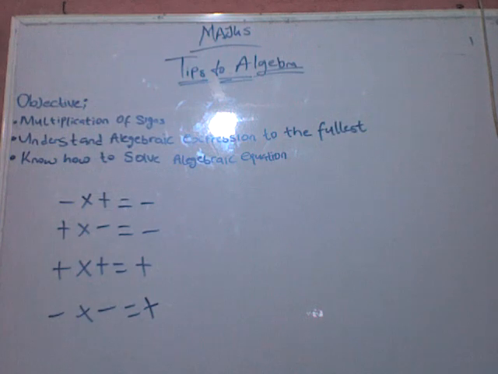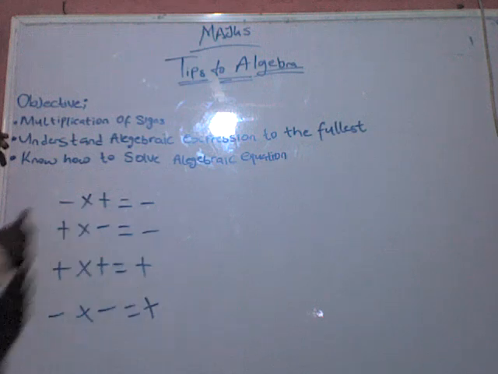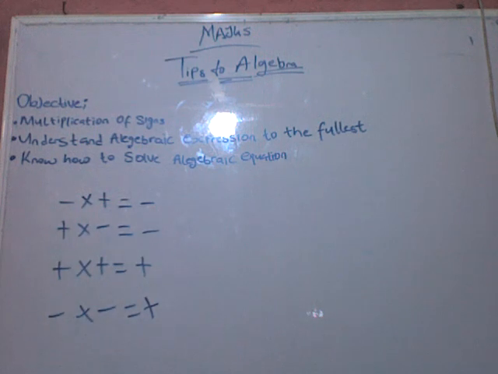Most students have seen this before, and all they do is cram it. No, you shouldn't cram this. It is very easy. Take a good look at what I wrote, which is the multiplication of signs.